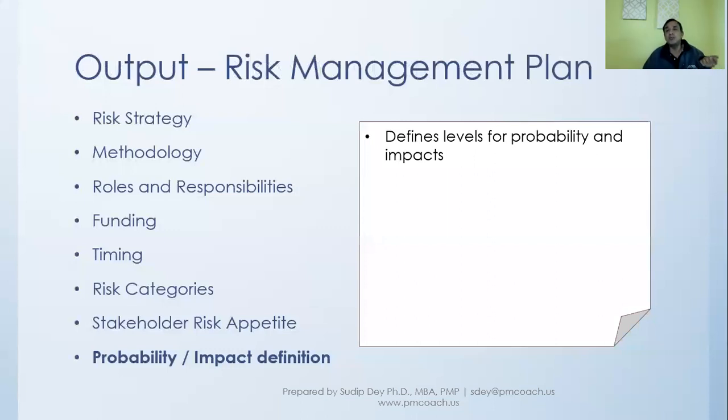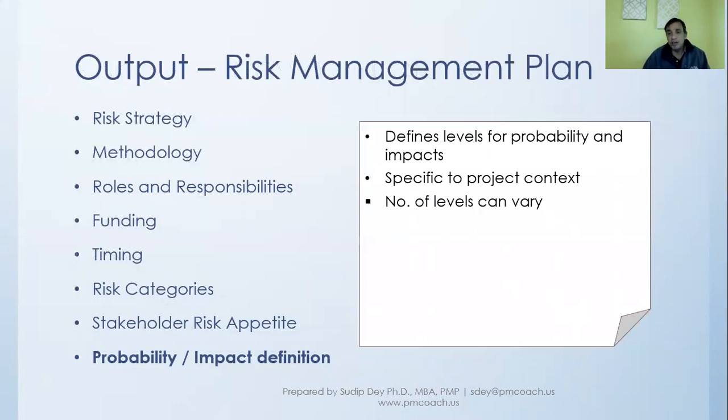What does it mean in terms of impact? This definition, how many levels and what each level means, will of course differ from project to project, because it is very specific to the project context.